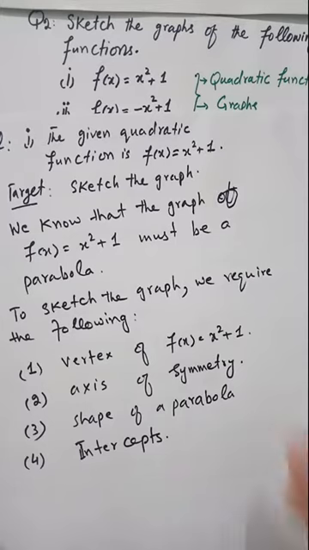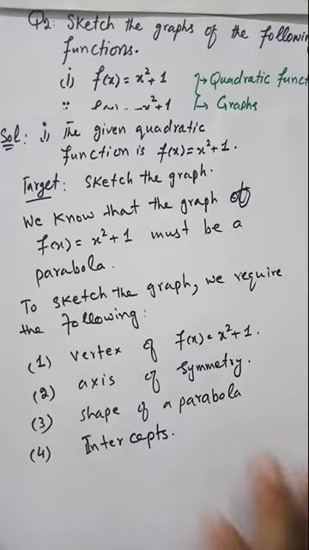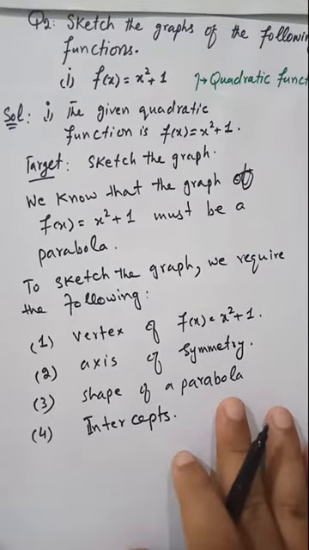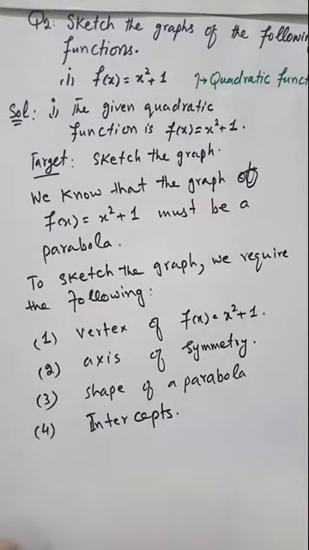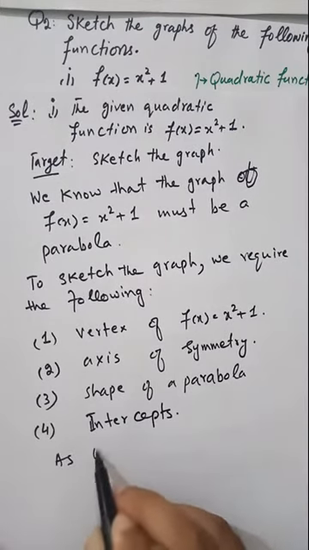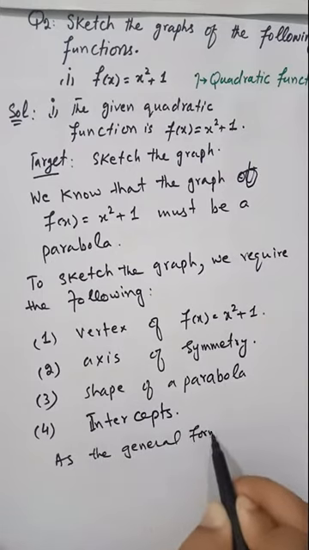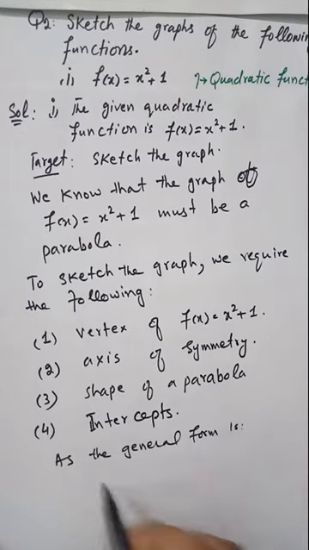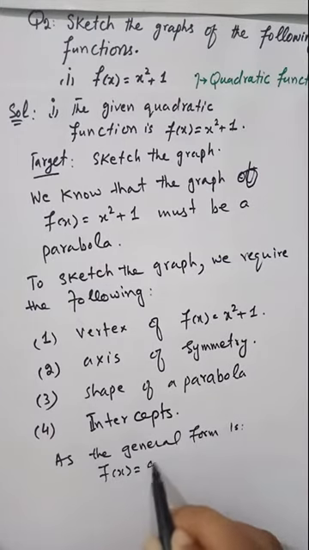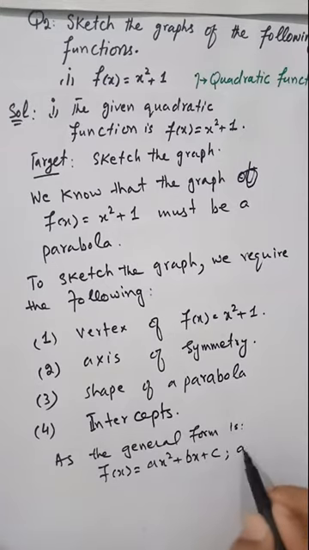To draw the graph of this function, first of all I am finding the vertex. For that you need to compare the given parabola with the general form. The general form is f of x is equal to ax square plus bx plus c, where a is not equal to 0.